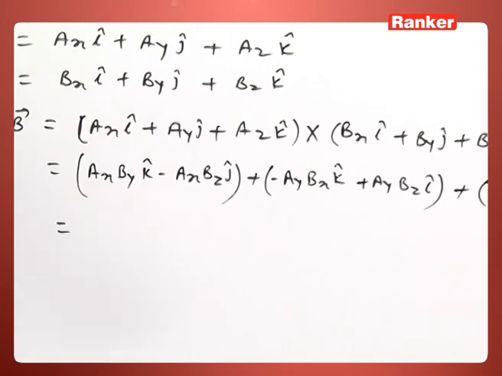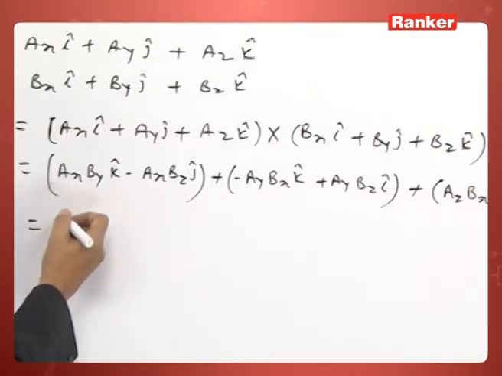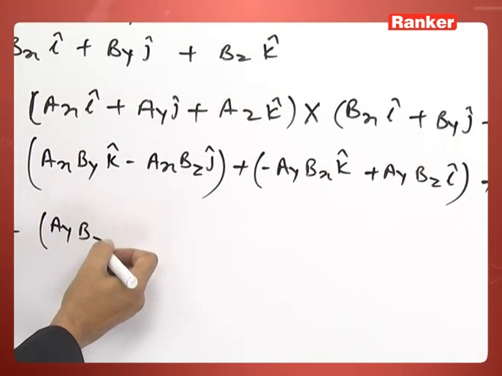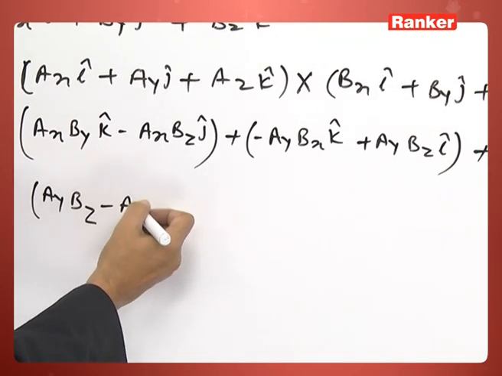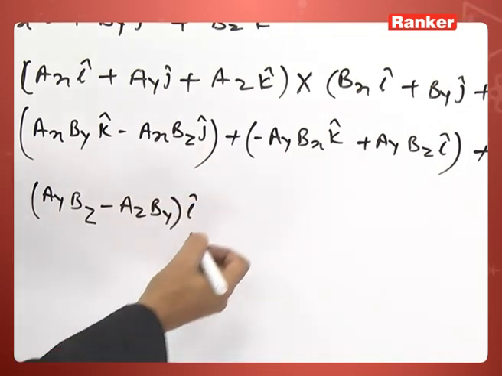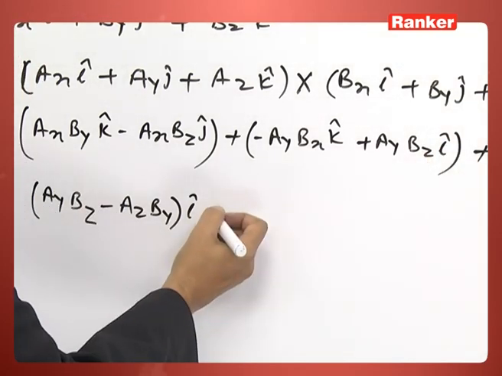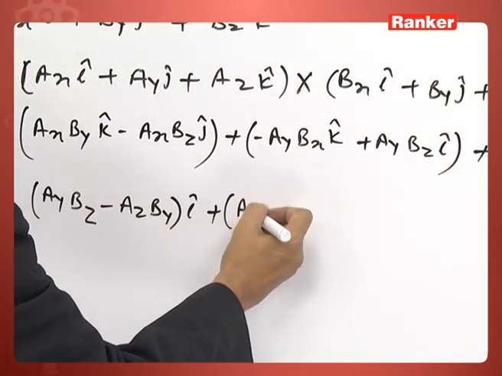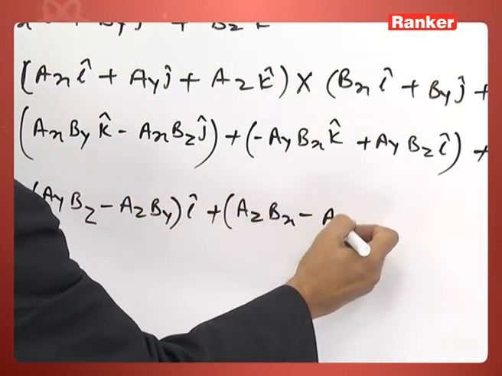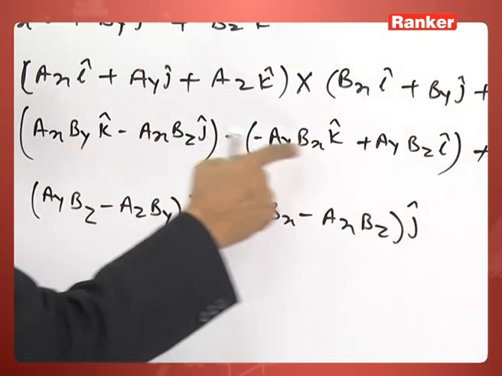Now from here we can take i and i together. From here, (ay bz minus az by) i cap, then j. Here j this, here j this, plus (az bx minus ax bz) j cap, then k we can take together.